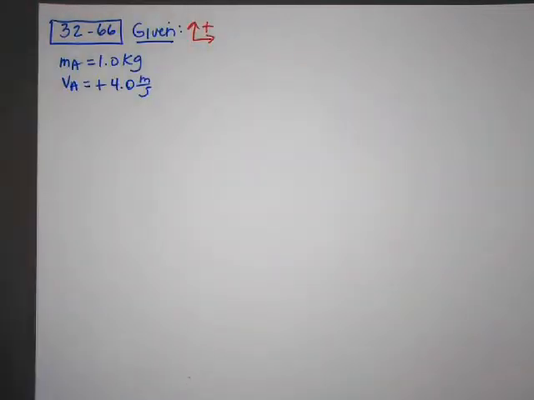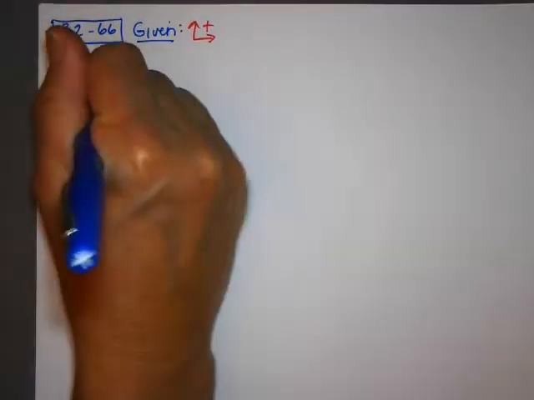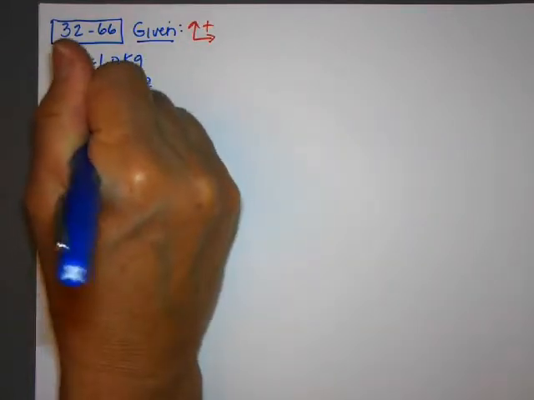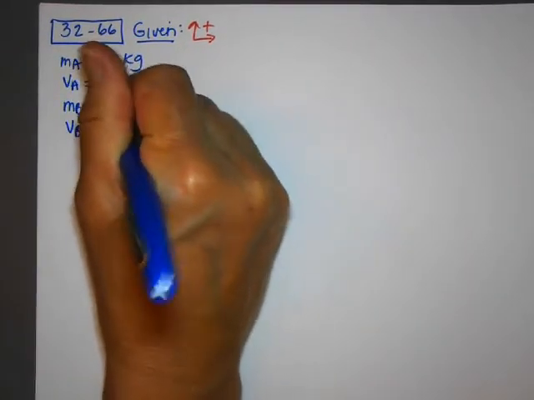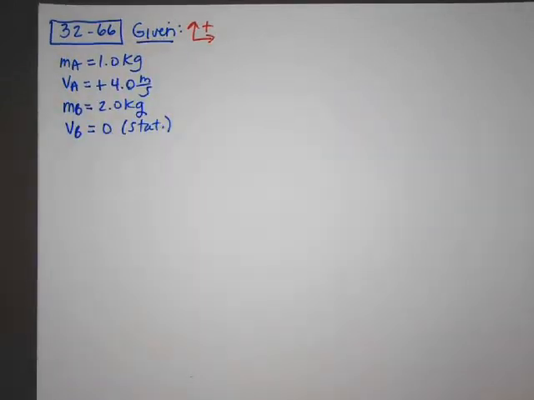It collides with a stationary 2 kilogram mass. So MB is equal to 2 kilograms, and VB is equal to 0 because it's stationary. After the collision, the 1 kilogram mass has a speed of 1.33 meters per second to the left.